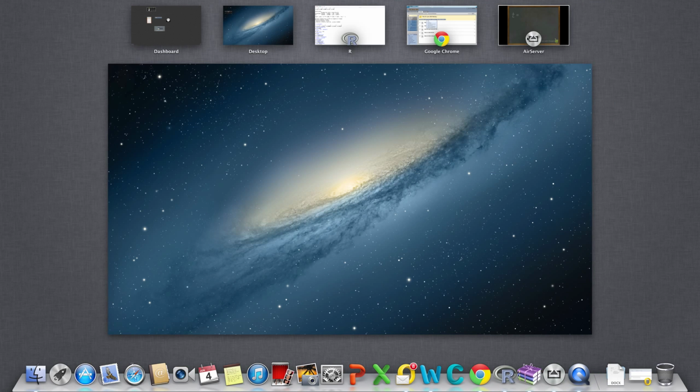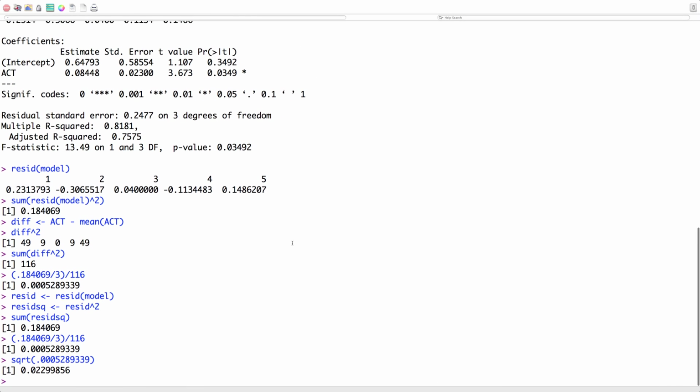So I'm going to jump back into R. Remember, for a t-distribution we use pt. What I can do there is put in negative 3.673, degrees of freedom 3, and multiply this by 2.